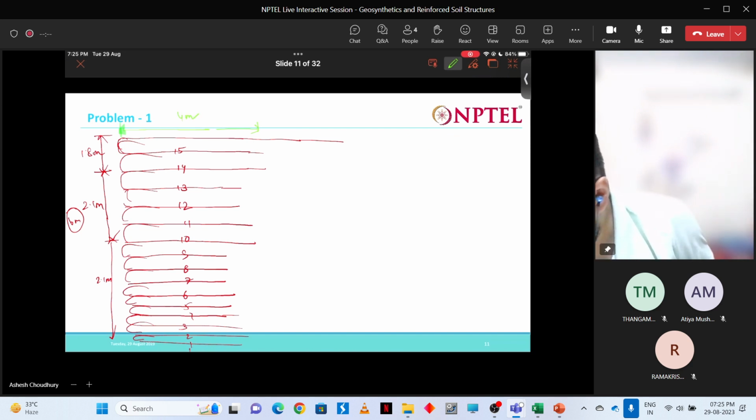Then we had 3 meter and then 2 meters. 3 meter for 13, 12, 11, 10.